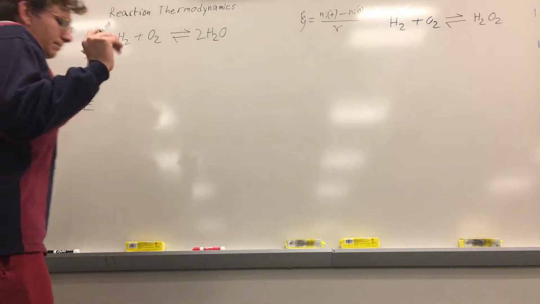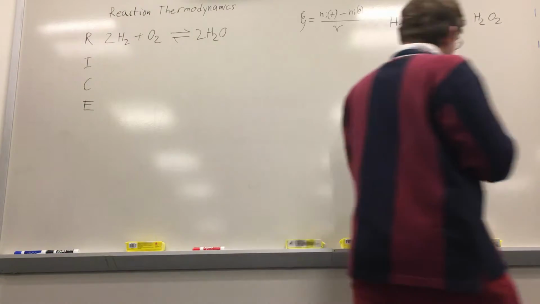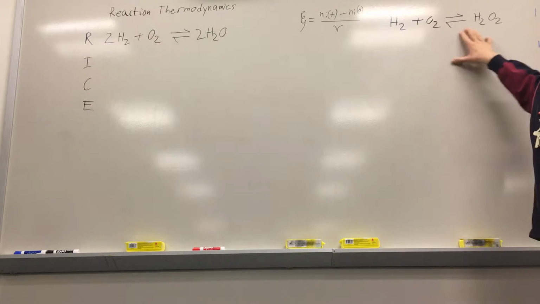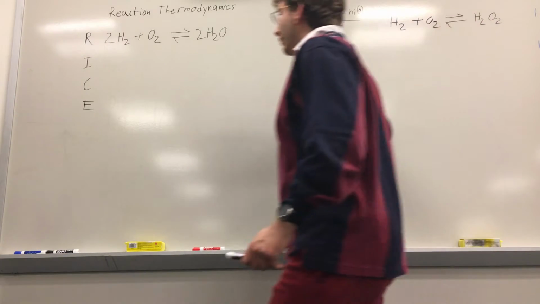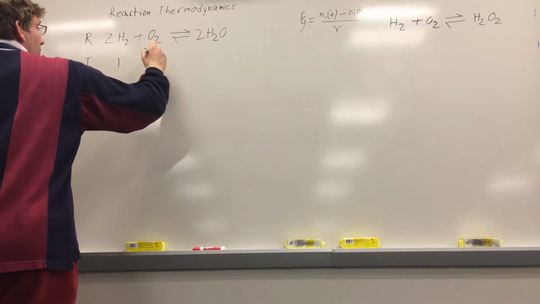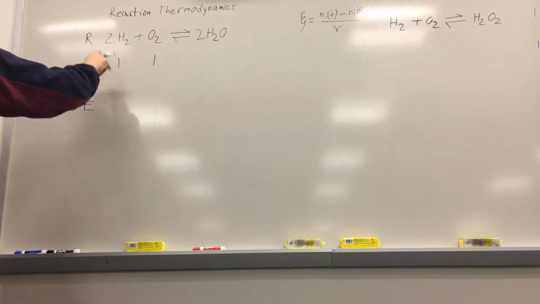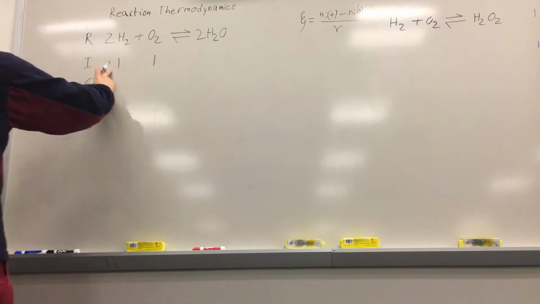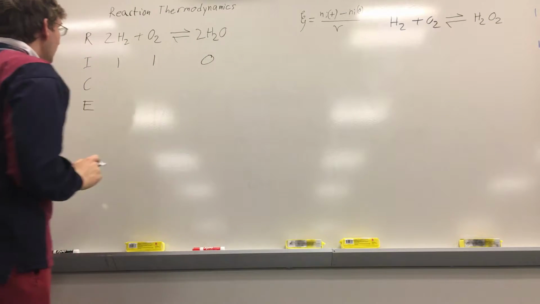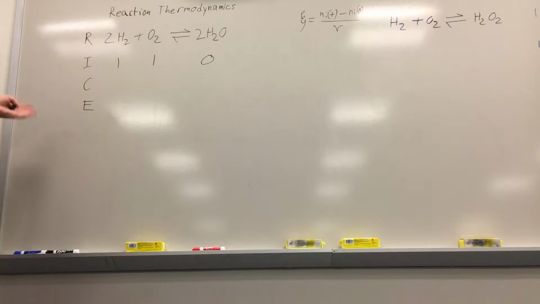And just before anyone wonders what this equation is doing here, this is going to be something for later. So hold that thought. So let's just say we start out with 1 mole of hydrogen and 1 mole of oxygen gas. Obviously there's no water.